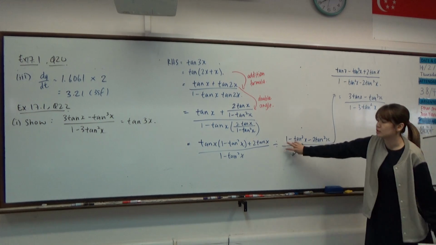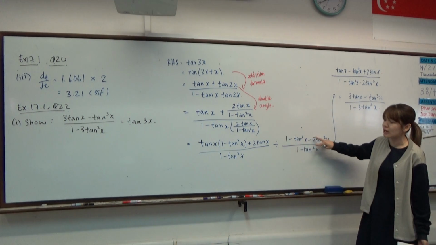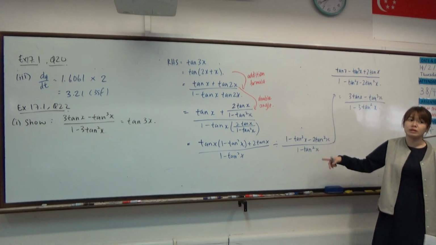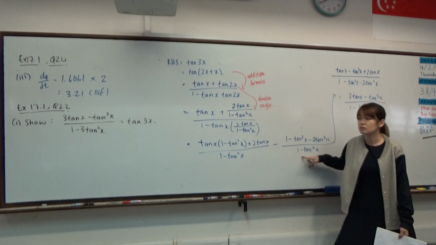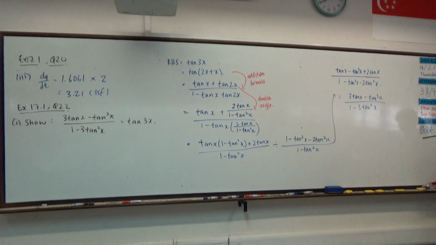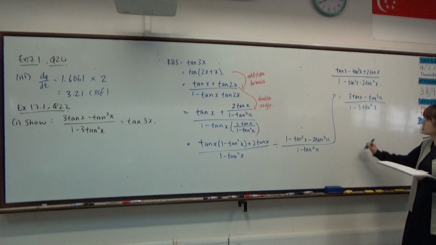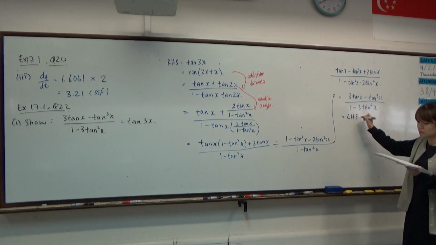I skip this part over here, you just flip the fraction, divide by a fraction, so just flip, then your denominator will cancel out. So this is equal to the left hand side.